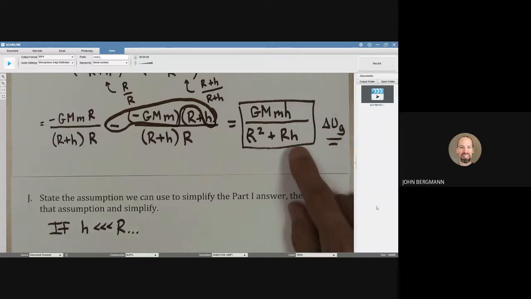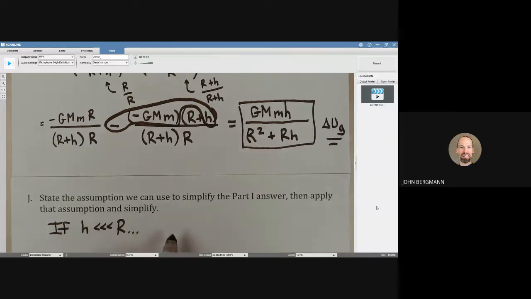But in the denominator, if h is really tiny, that means that this R squared term is really the only one that's relevant. So then what we simplify this to be is G, M, little m, H over R squared.